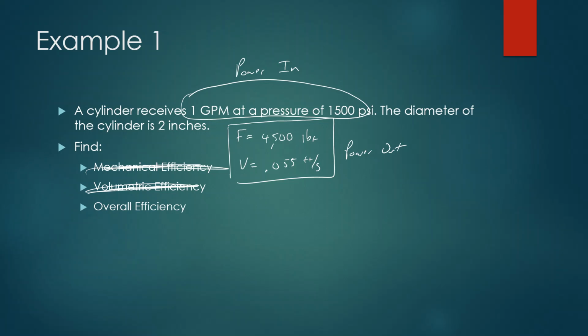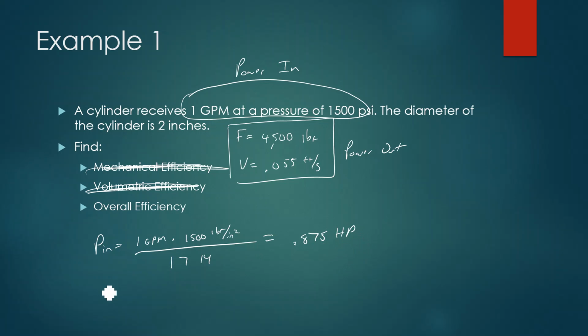So what is power in? Power in is equal to 1 GPM times 1500 pounds force per inch squared divided by 1714. And we're going to get a power in of 0.875 horsepower.